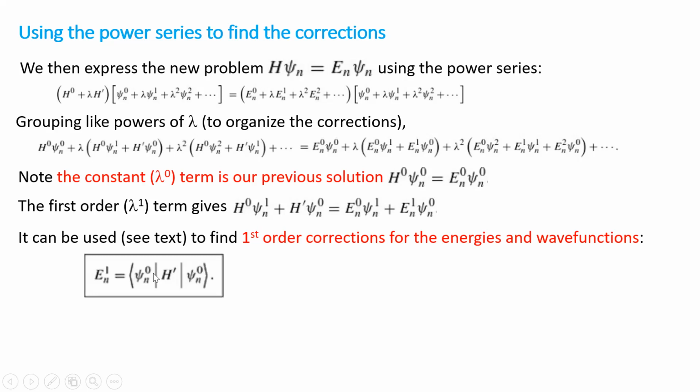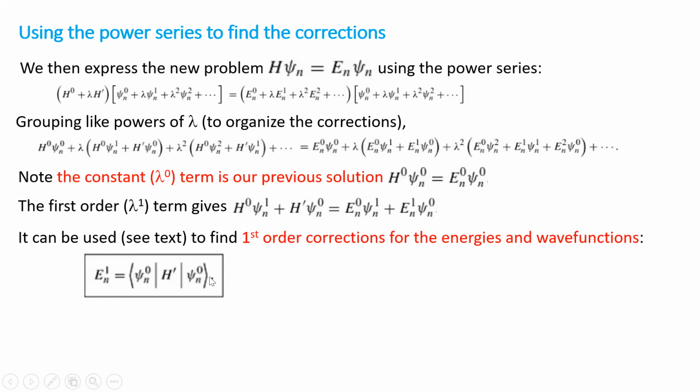So the first order correction to the energies is just the expectation value of the perturbation H prime in the unperturbed state n. So again, for the nth energy level, the first order correction En1 is the expectation value of the perturbation in the nth previous or unperturbed wave function.